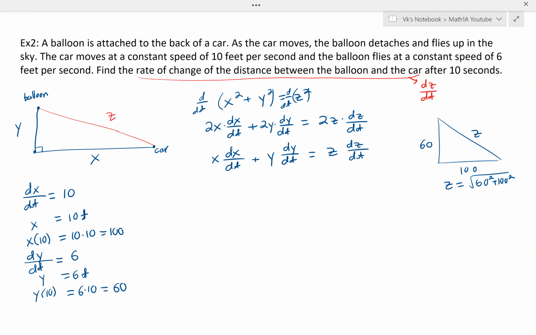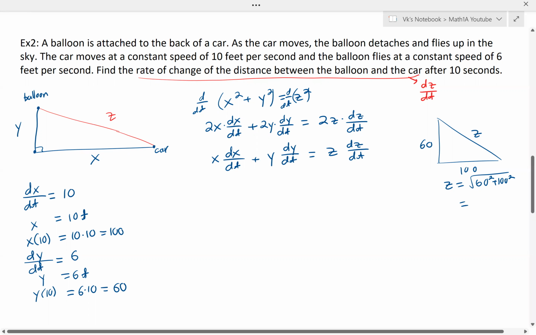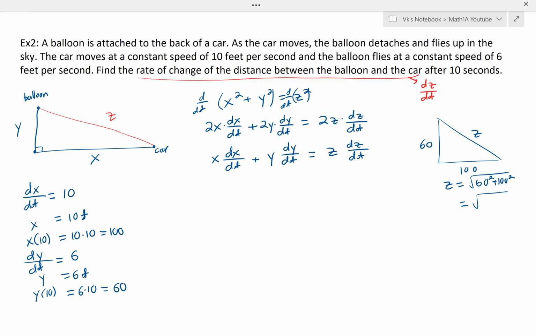And so z would be the square root of 10,000 plus 3,600, so that is the square root of 13,600.